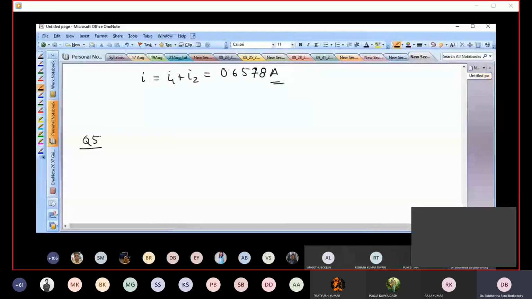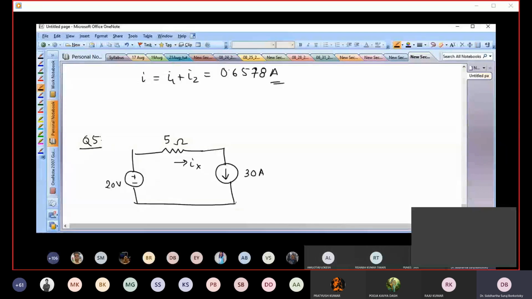Question number 5 is find the Thevenin equivalent of the circuit. So you have a 5 ohm resistor. They're calling IX the current. The independent current source is there.